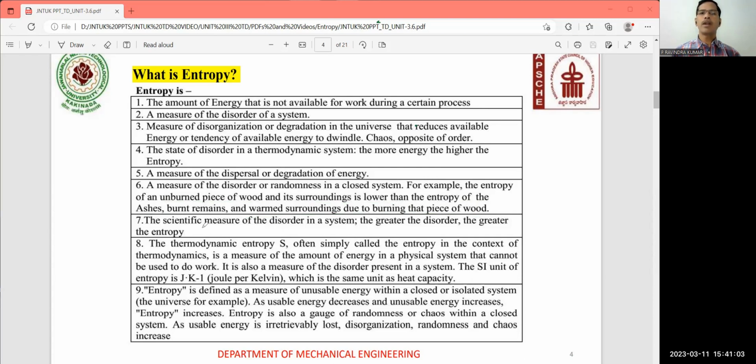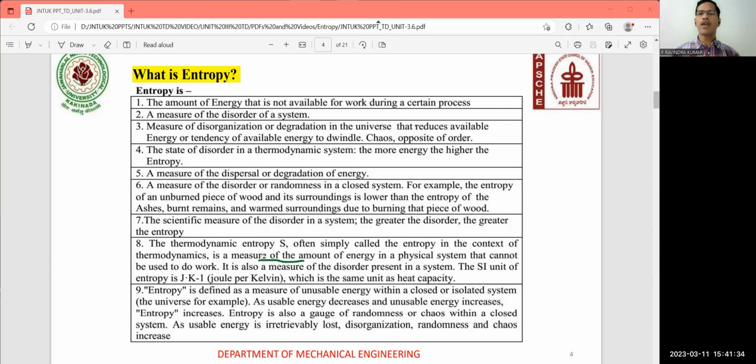Entropy is a scientific measurement of disorder in the system. The greater the disorder, the greater the entropy. It is a thermodynamic property, and an extensive property.